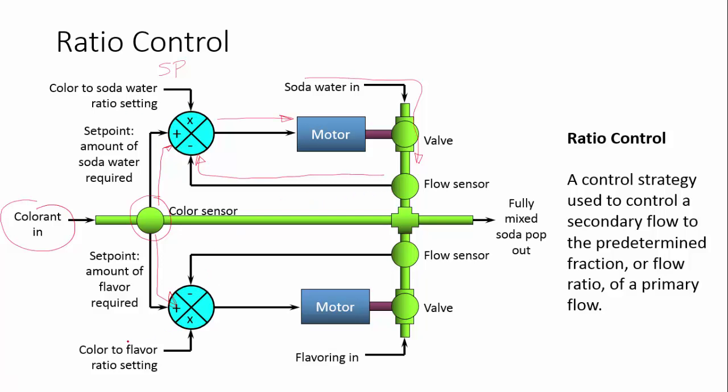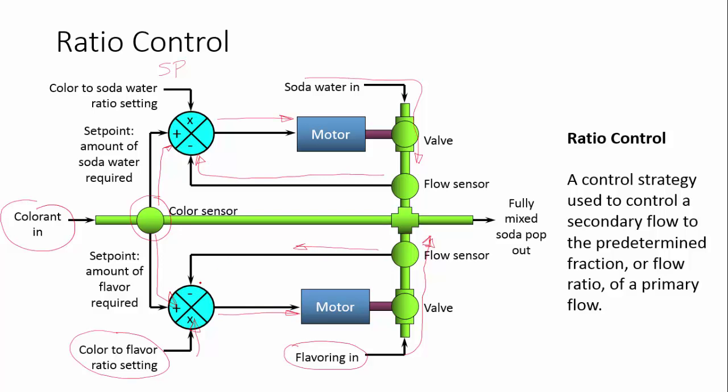On this side, I have flavoring. This is the color to flavoring ratio coming into my summing junction, which is controlling another motor-driven valve, and this is my flavoring input. So I've got a flow of flavoring coming into the system, and another flow meter which is feeding back the flow rate of the flavoring.